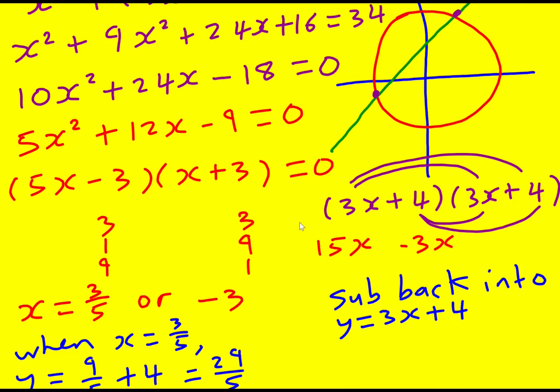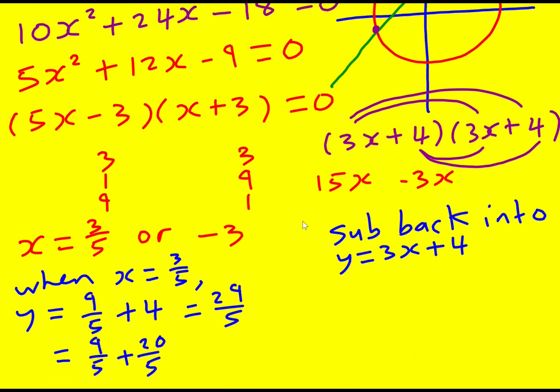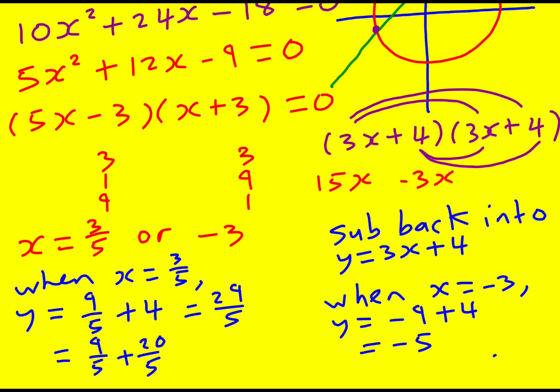I'm not asked for coordinates here, so I'm just going to leave my answer like that. And then when x equals minus 3, y is going to equal minus 9 plus 4, which is minus 5. Sorted.